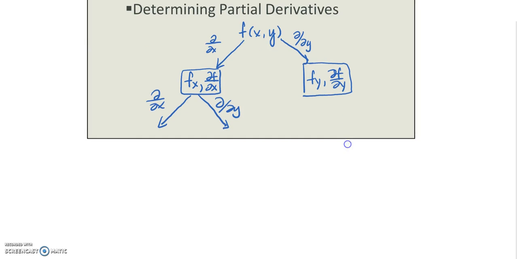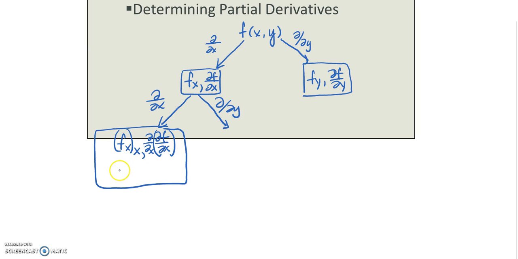If I take a partial with respect to x again, I had the partial of f with respect to x, and I took the partial with respect to x again. The orders in this notation are slightly different.